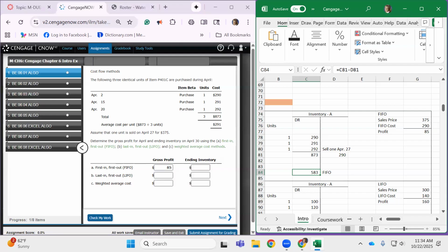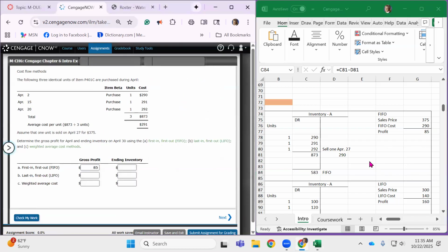We sold $290. The question they're asking is, what's the gross profit of one item? We assumed one unit is sold on April 27th for $375.